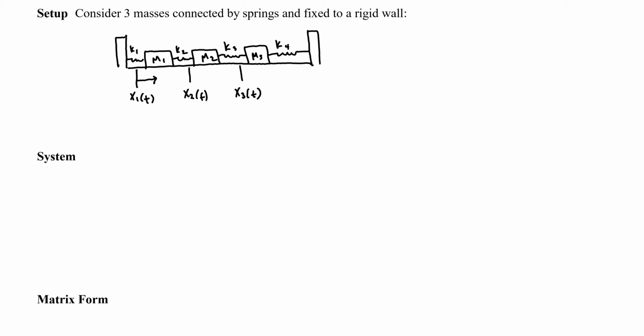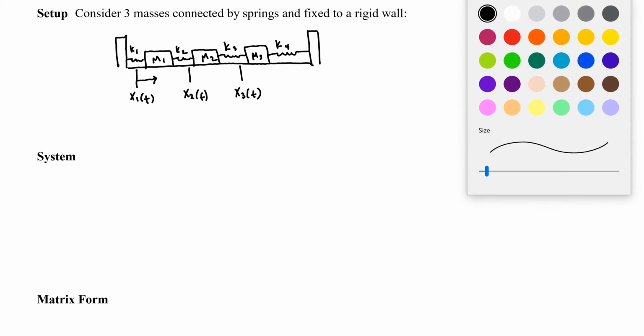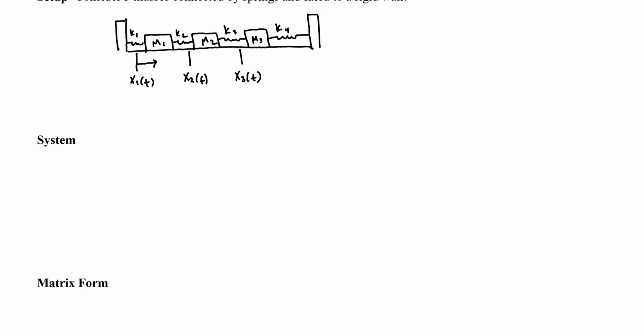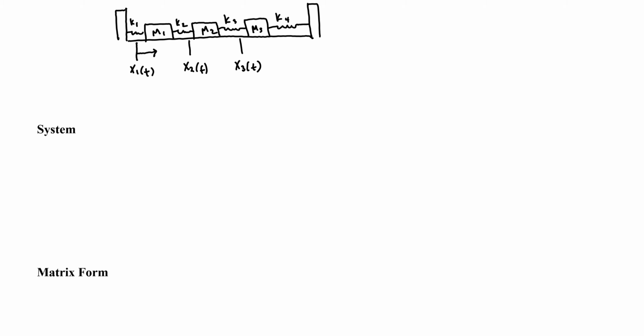The model for this system consists of Newton's second law, mass times acceleration, and Hooke's law, spring constant times displacement, x. So let's set up a system of three differential equations of second order. Looking at the position of our first mass, denoted by x sub 1, we're going to have mass sub 1 times acceleration x sub 1 double prime.